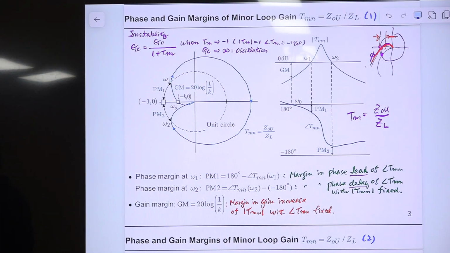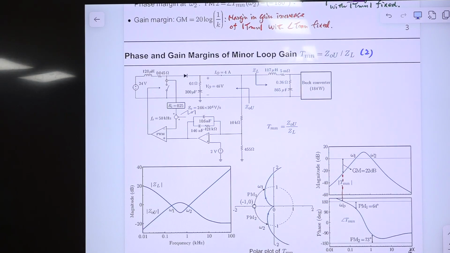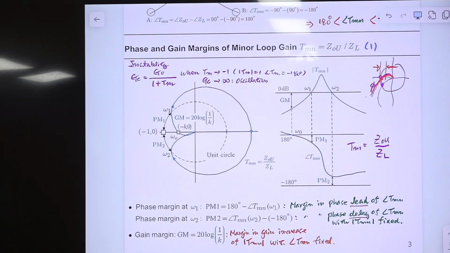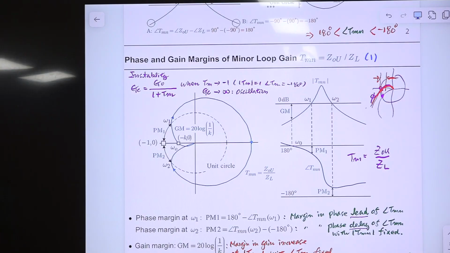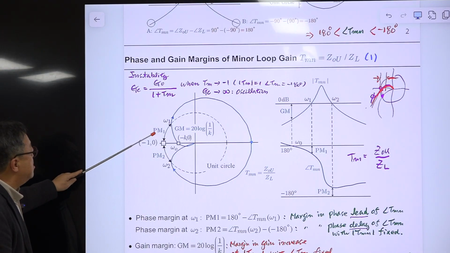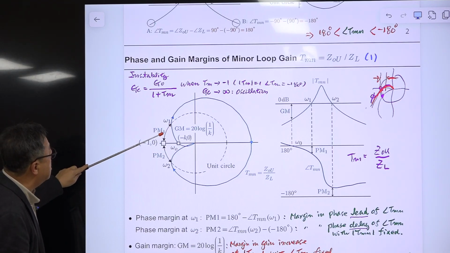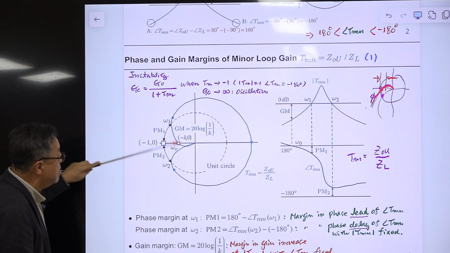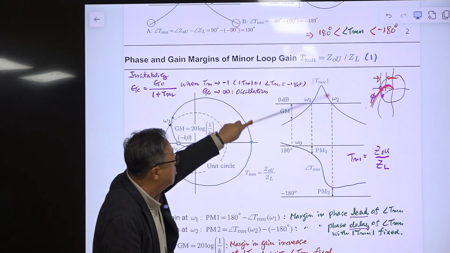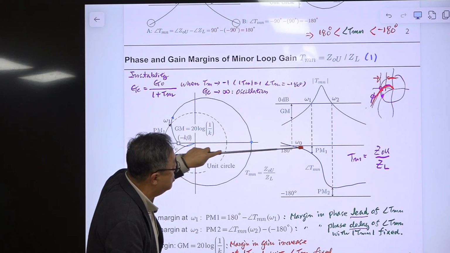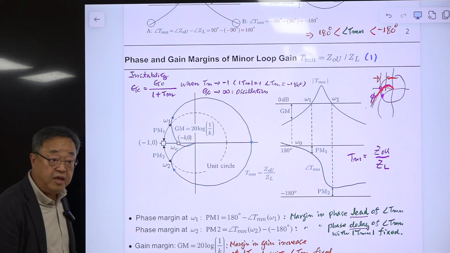Okay, let me give you one example. Here. Oh, okay. Oh, this one is also an example. All right. So we have, this is a margin, right? PM1 is margin against what? Against phase advance, right? So this is the magnitude curve, and this is the phase curve of the minor loop gain.